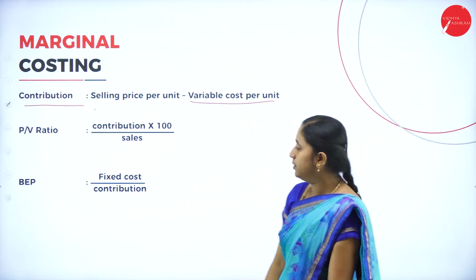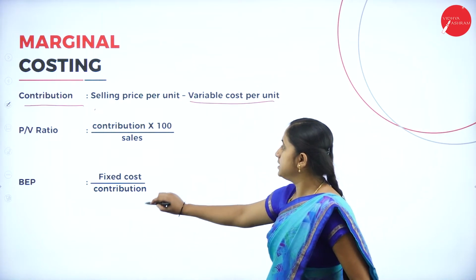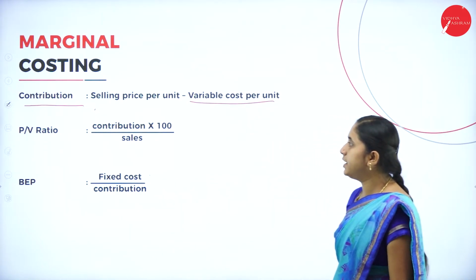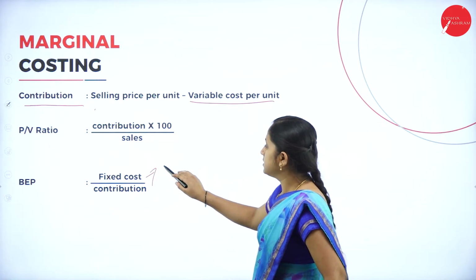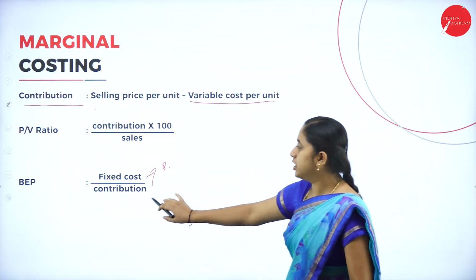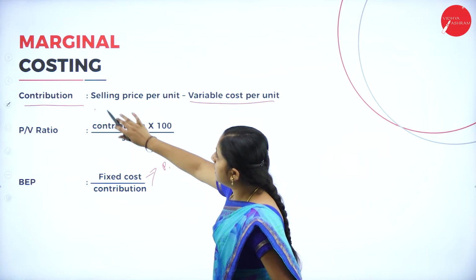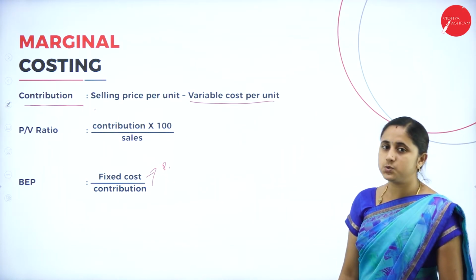Then BEP. BEP means break even point. Break even point is equal to fixed cost divided by contribution. Fixed cost is fixed. It is given in the problem. Then contribution. In order to calculate BEP, first you need to calculate contribution, which is selling price per unit minus variable cost.